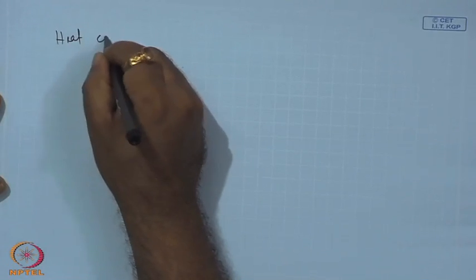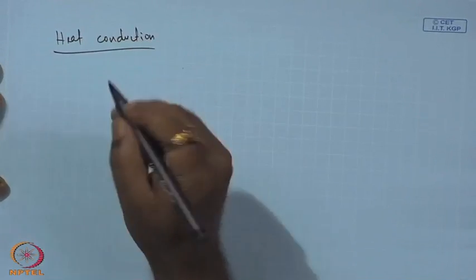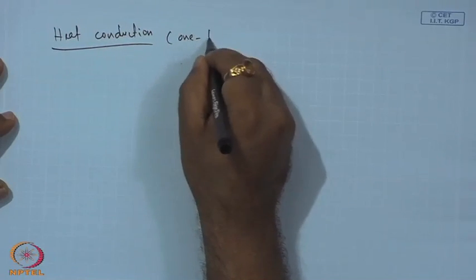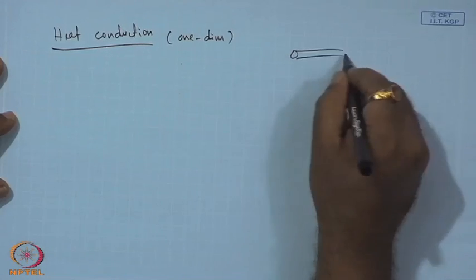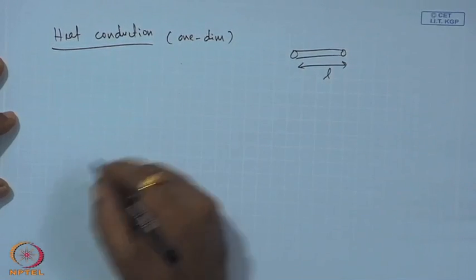So, let us define the complete set of problem. Let us start with heat conduction. In case of one dimension, conduction in a rod of some length.